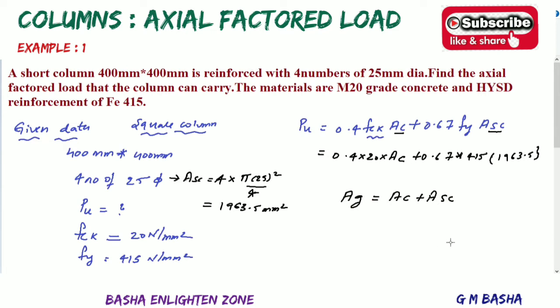This is a square column, as we know from the dimensions given, 400 by 400 in mm, and we have to provide reinforcement also, for example 4 bars of 25 dia, all bars of the same dia.